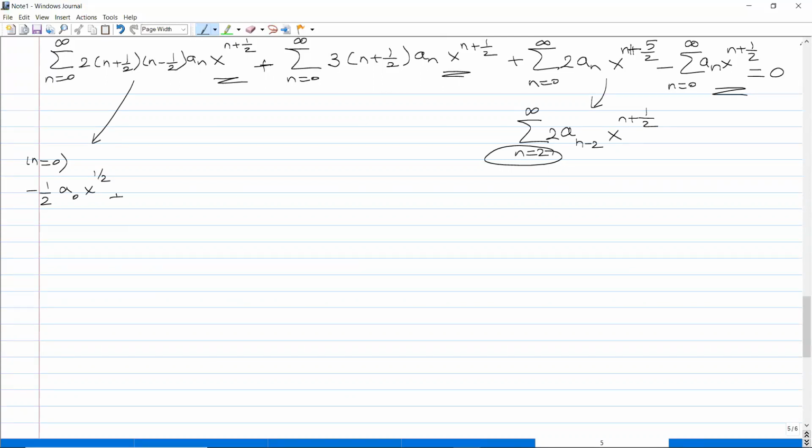And then plus, for n equals 1, I get 1 plus 1/2, 3/2, times 1 minus 1/2 is 1/2, so 3/4 a1 x to the power 3/2. Plus, now the remaining terms start from 2. I'm going to collect the, okay, let me write it down.